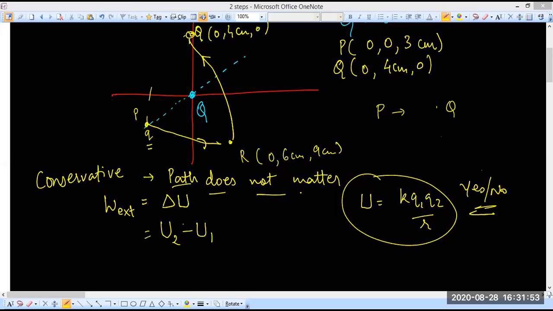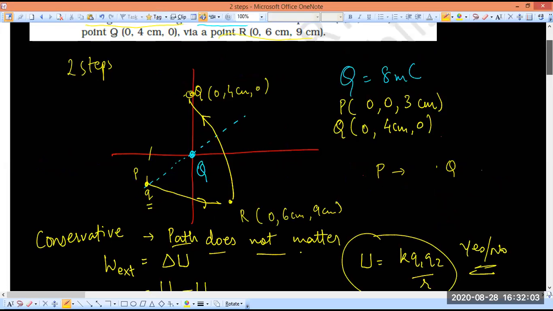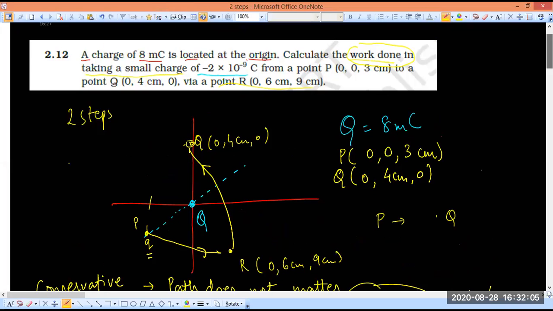So final, K capital Q small q divided by distance. Can you tell me what is the final distance between the charges, right? Which charge is capital Q and small q? What's the final distance between the charges?